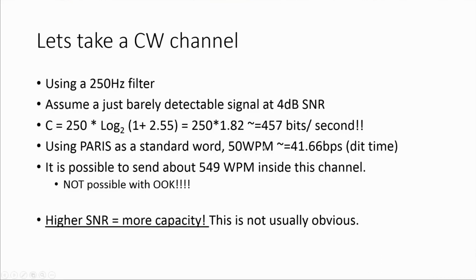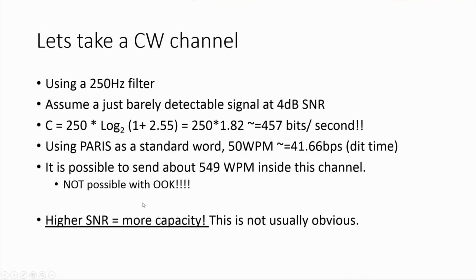So 50 words per minute is pretty fast, but we can do 10 times better than that. You can send 549 words per minute in a 250 hertz filter, 250 hertz channel. Now you can't do that with on-off keying. You couldn't do it with CW, but this is what's possible. So that's pretty amazing, I think, is that you can put 550 words per minute in this skinny little channel.